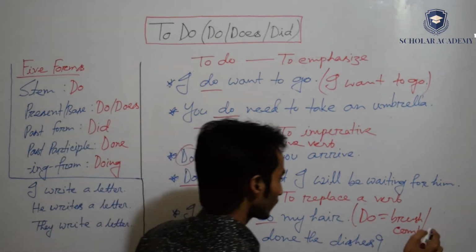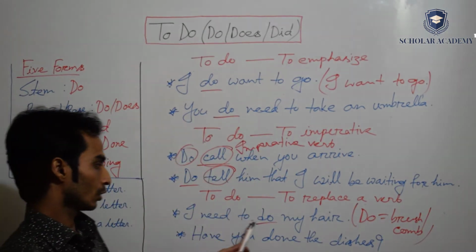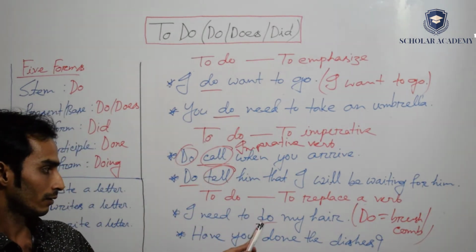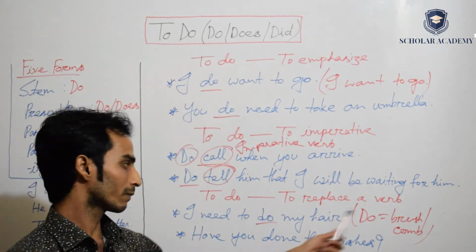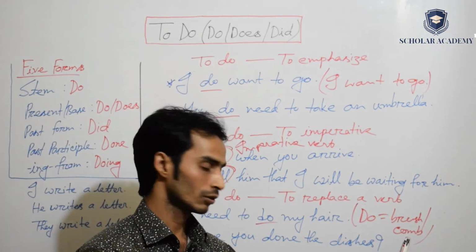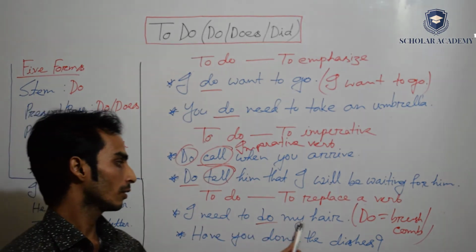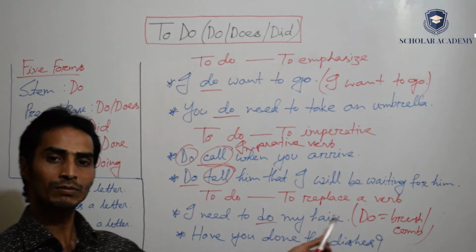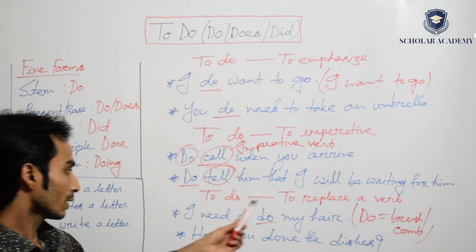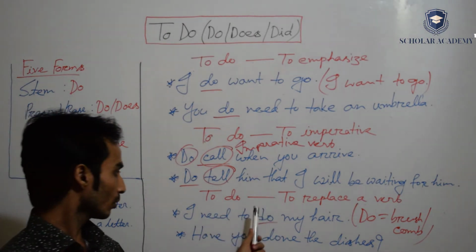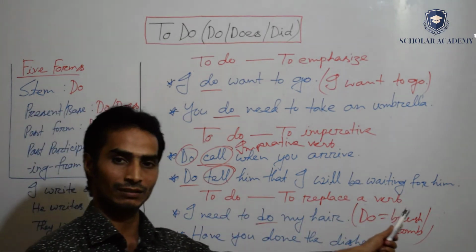That means do replaced the verb brush or comb. That means I need to brush my hair or I need to comb my hair. So we use do to replace a verb.